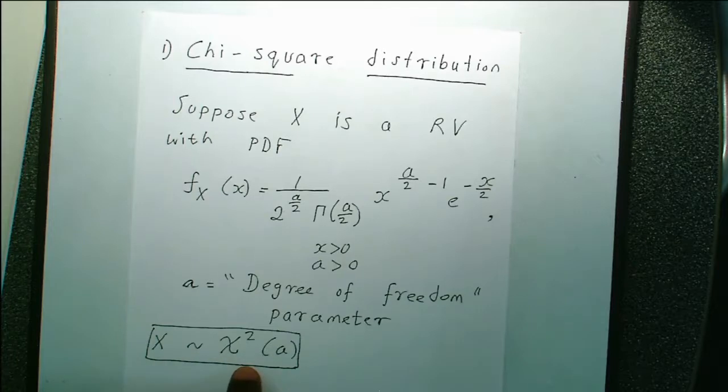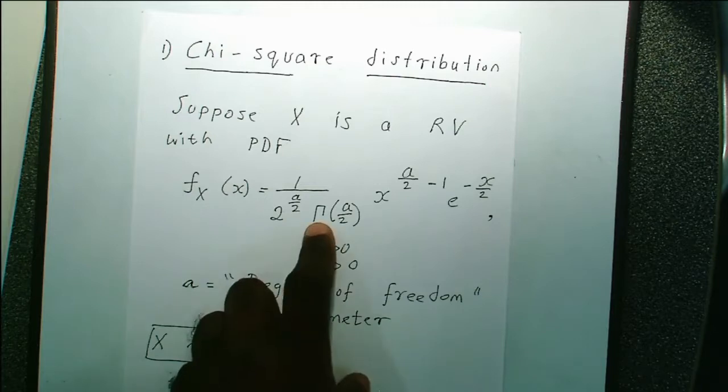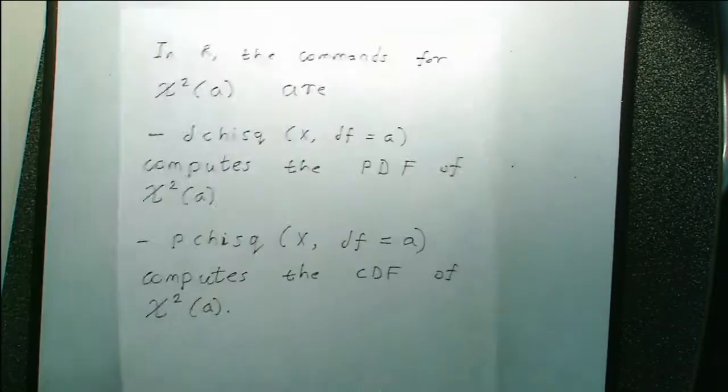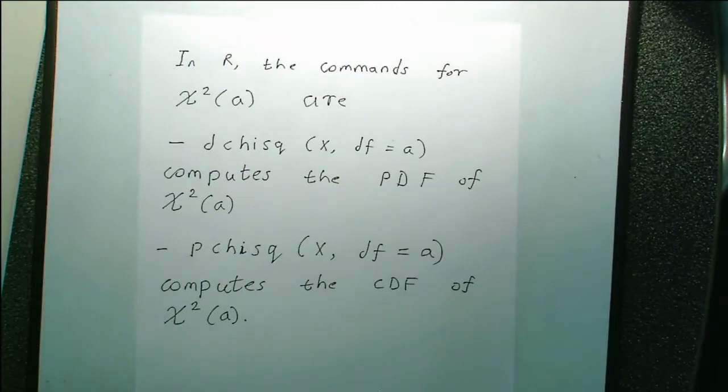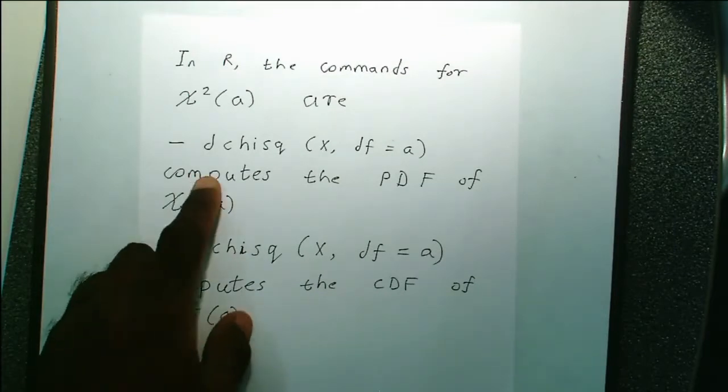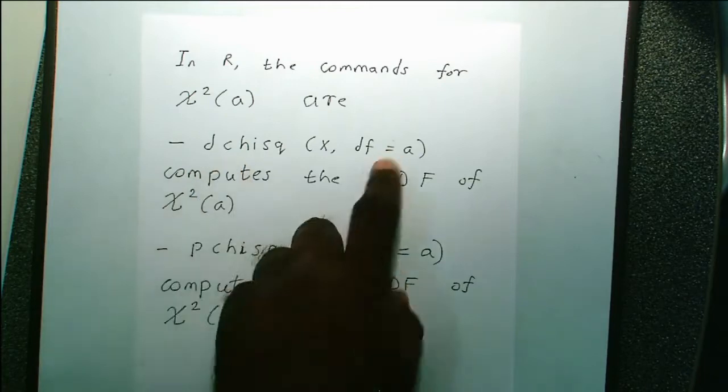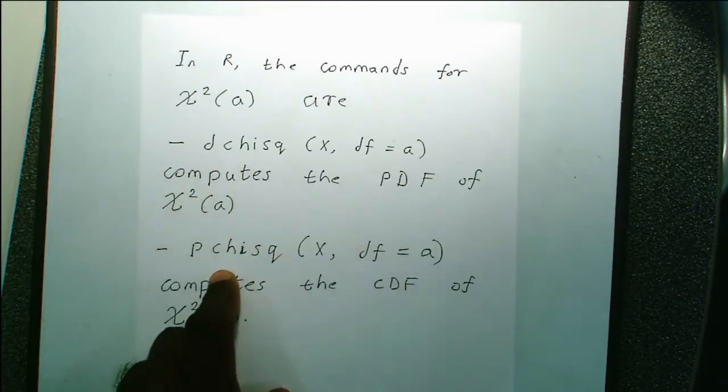This is the notation I use for a chi-squared random variable. This function here is known as the gamma function. In R, the commands for computing the density of a chi-squared is this one, and the command for computing the CDF of the chi-squared is this one.